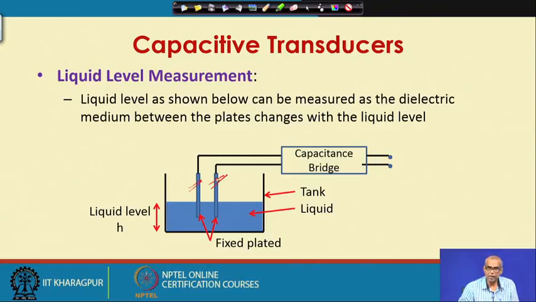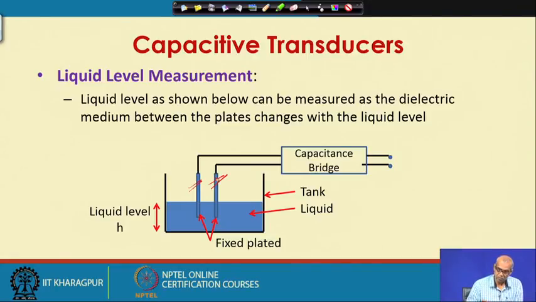Here both the plates are kept fixed. Suppose we wish to measure the liquid level in a tank. So, we put these two plates into the tank and these two plates are kept fixed. So, the distance between these two plates is fixed.